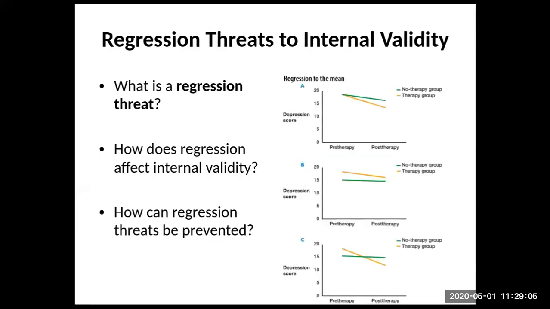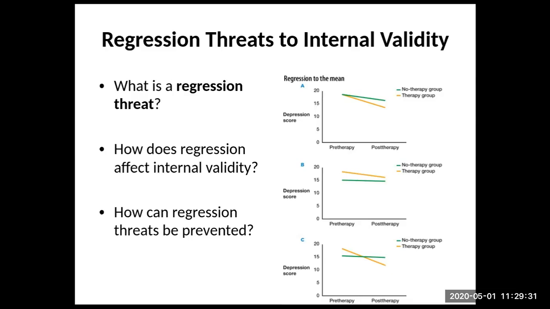For regression threats, regression to the mean could be extremely high scores beforehand. So a regression threat would be that scores went down simply because they scored closer to their average. So here, if we look at the top one on A, I would say that this is not necessarily regression to the mean.